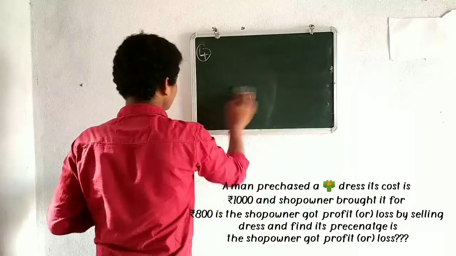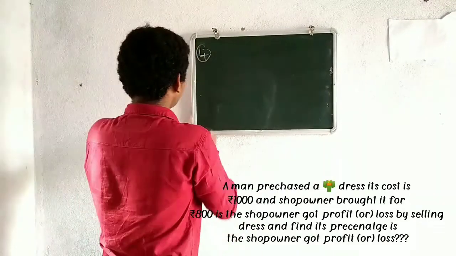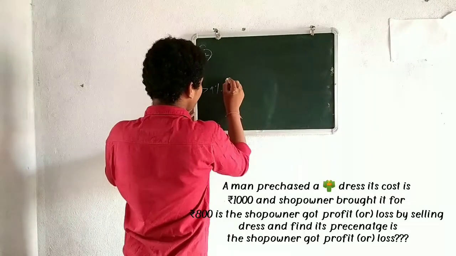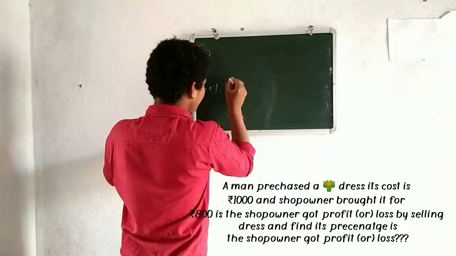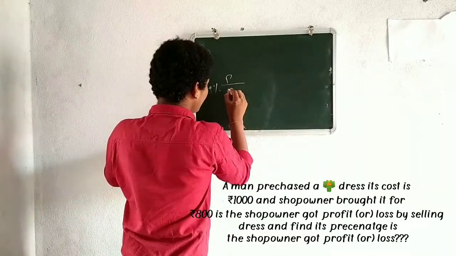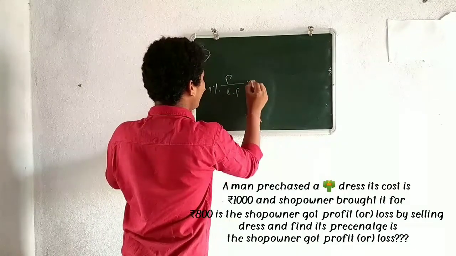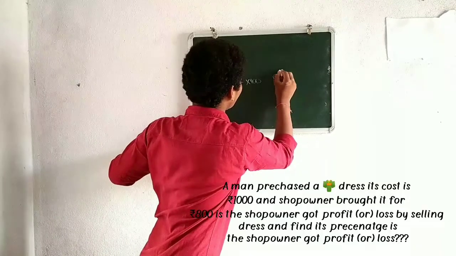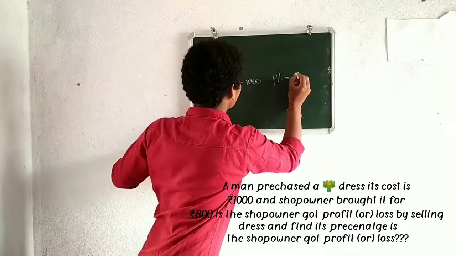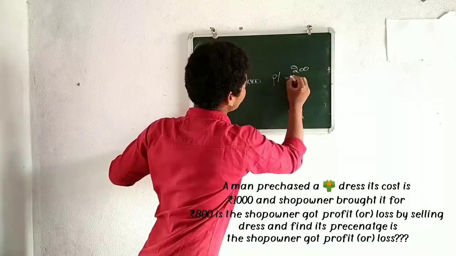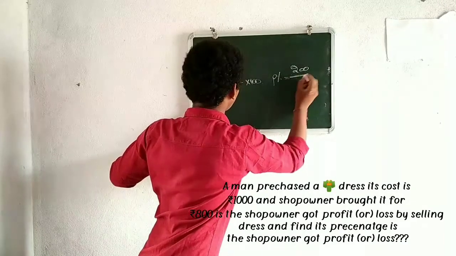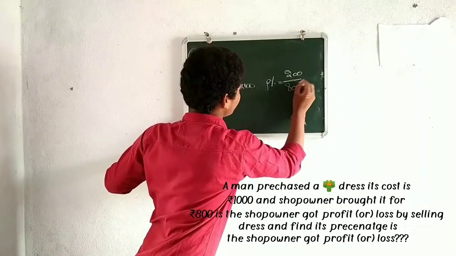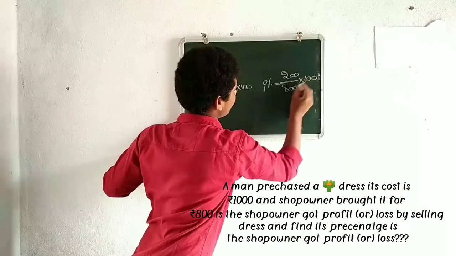Our equation is profit percentage equals profit by CP into 100. We are going to apply this method here. Profit percentage is equal to 200 divided by 800 into 100.